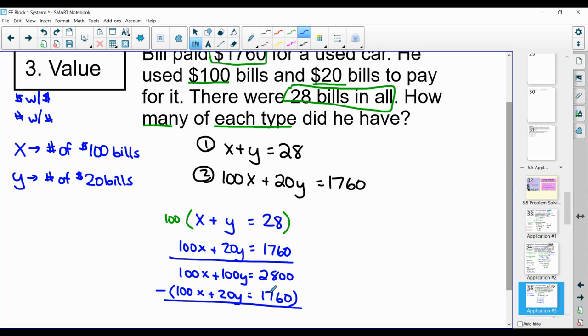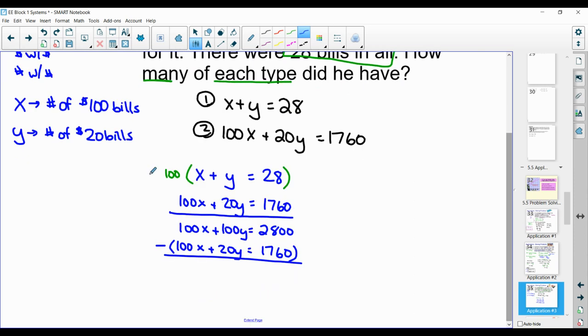And since my signs are the same, I'm going to be subtracting. So 100 minus 100, those disappear. I'm left with 0x. And then I have 100 minus 20 is 80y. And 2,800 minus 1,760 is 1,040.